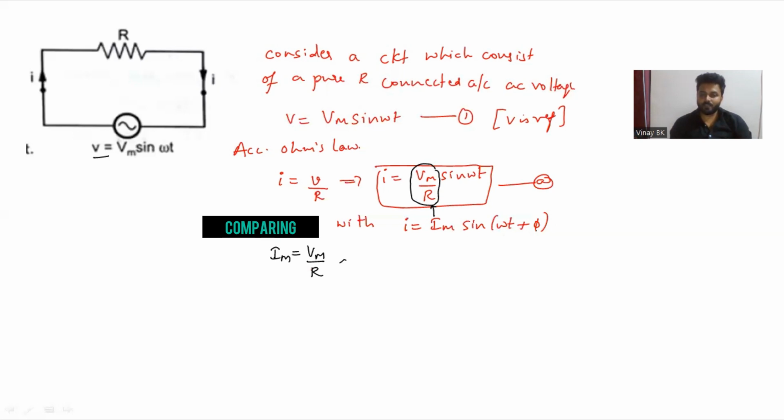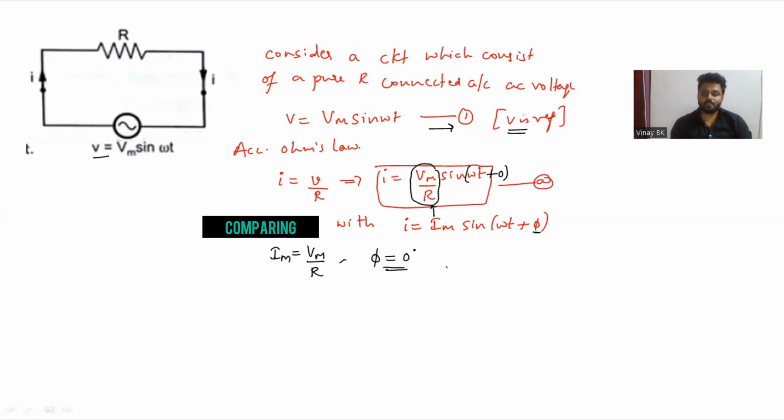Similarly, you can compare the phase angle phi. Here there is only omega t; if nothing is there after omega t plus, it means zero. So the phase angle of current is 0 degree, whereas the phase angle of voltage is also 0 as it is taken as a reference, and the phase angle of current is also 0 by comparing with the standard equation Im sine omega t plus phi.